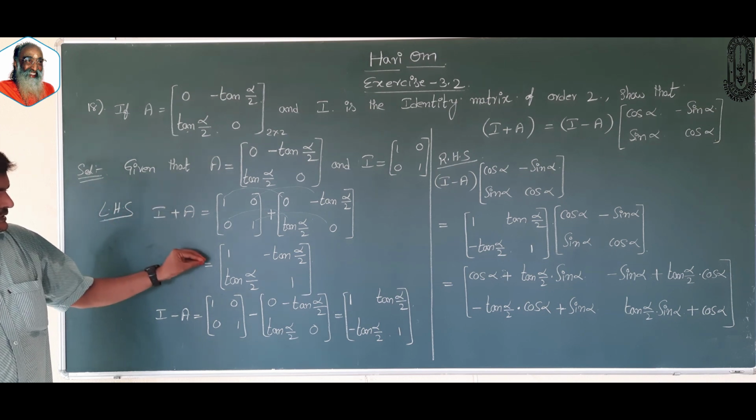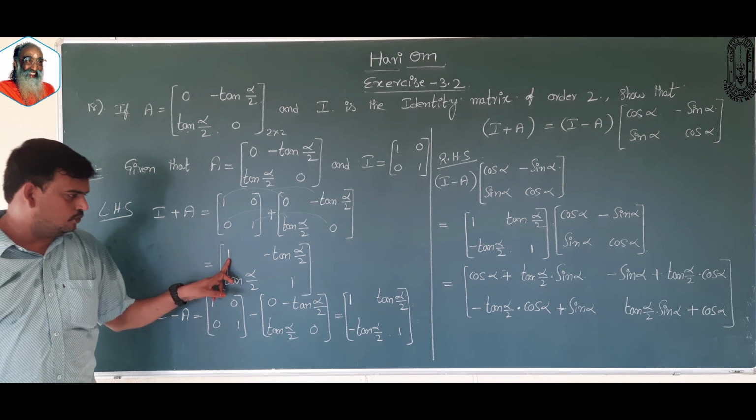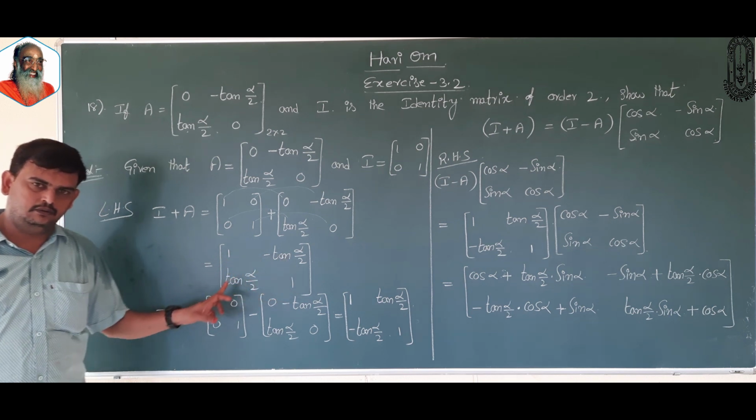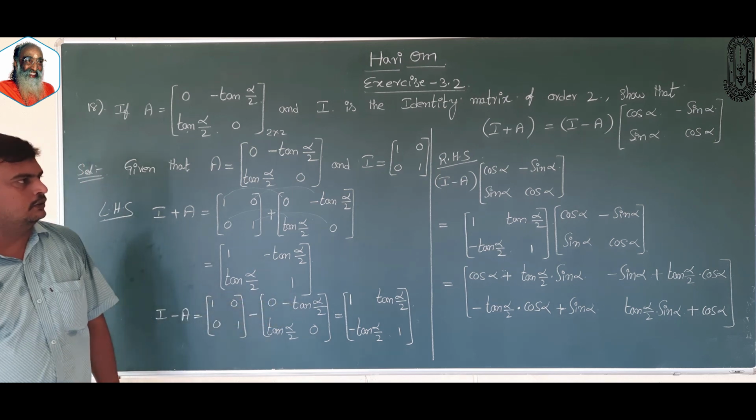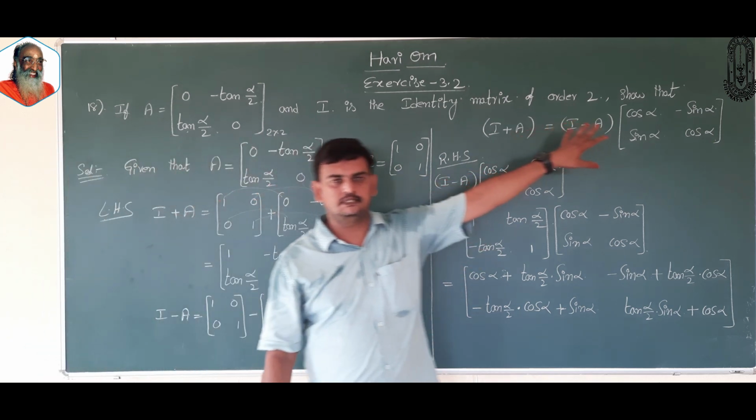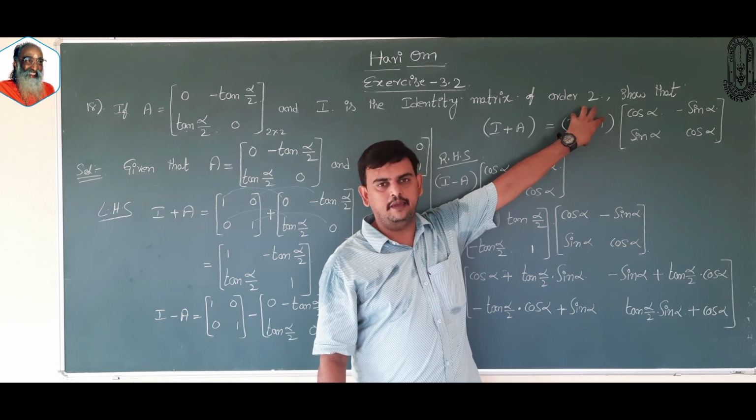So for the LHS part, we got the answer: 1, minus tan alpha by 2, plus tan alpha by 2, and 1.